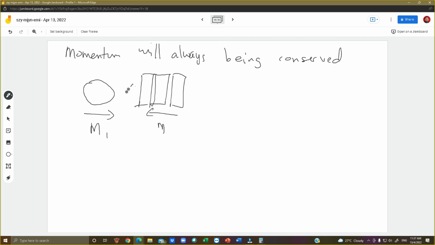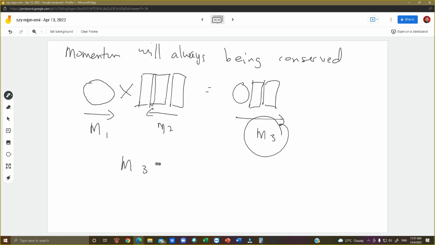And when they collide, it will become a new complex where it will have new momentum. And this new momentum, momentum 3, is actually a combination of those two, because momentum will always be conserved. Dia sentiasa akan disimpan. The change is only towards either one of these. Mungkin lepas dia berlanggar dia jadi lagi berat tapi perlahan.